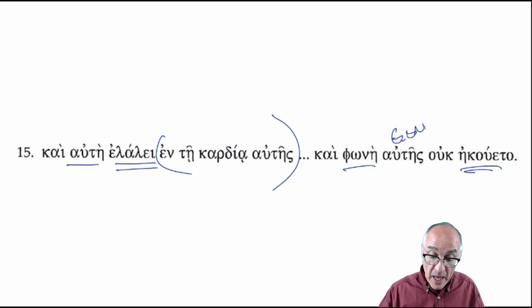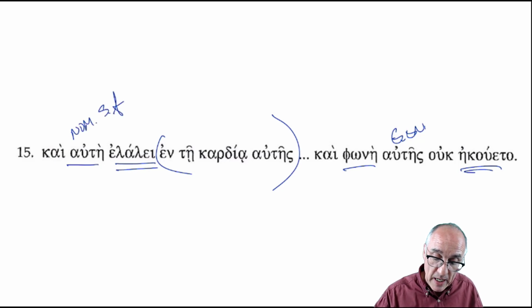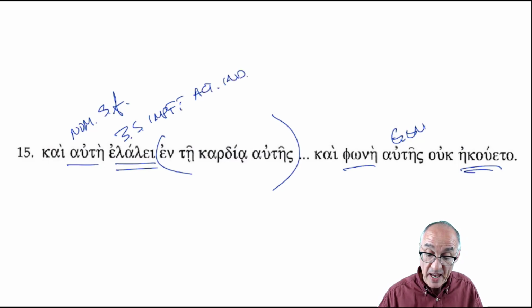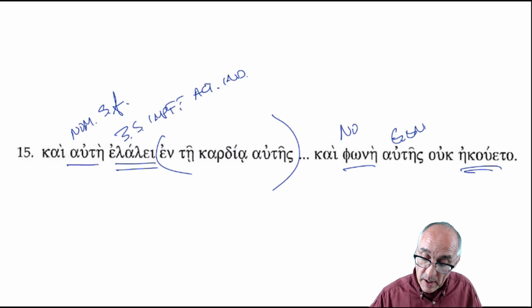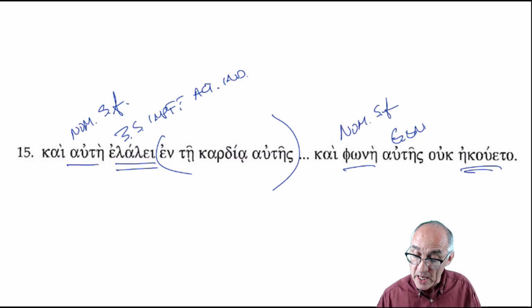Eugeneto. So, nominative singular feminine, and she, third person singular imperfect active indicative, and she was saying ente cardia, in the heart. Whose heart? Her heart. In her heart. And phone, the voice of her voice, not was being heard.